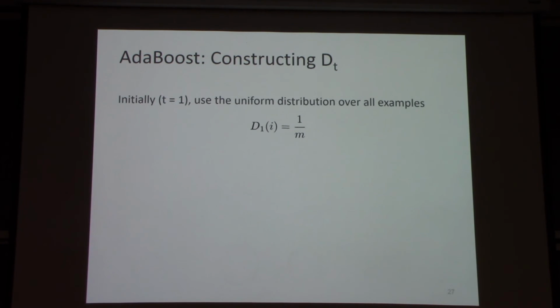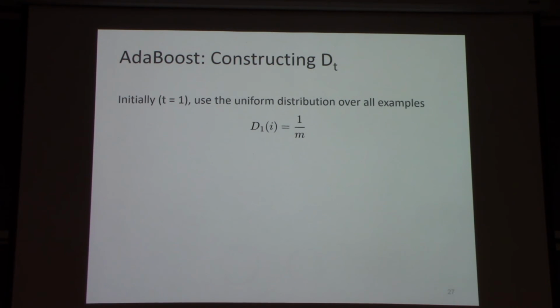So in the beginning, at t equals 1, think of D_t as just an array whose size is the number of examples, and the elements of the array add up to 1. In the beginning, at t equals 1, the recipe says, set all the examples to be equally important. In other words, you set D_1(i) equals 1 over m. There are m examples, so they are all equally important.